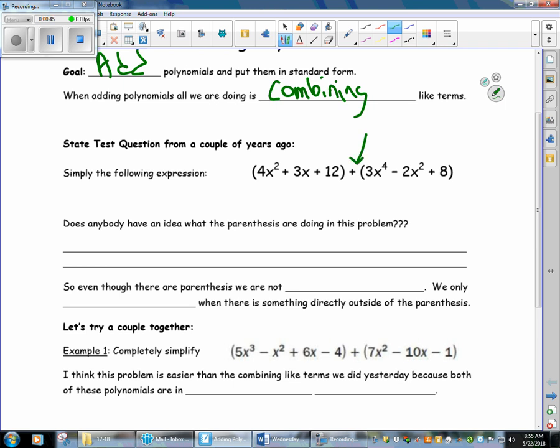Any idea what the parentheses are doing in this problem? So what's super nice is really all that the parentheses are doing is separating the two polynomials. A lot of people think that there's some distribution going on here, so even though there are parentheses, we are not distributing at all.